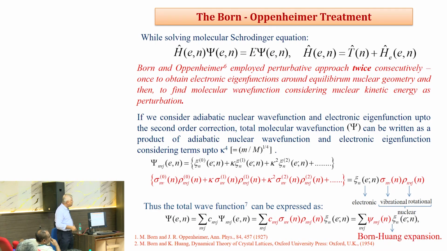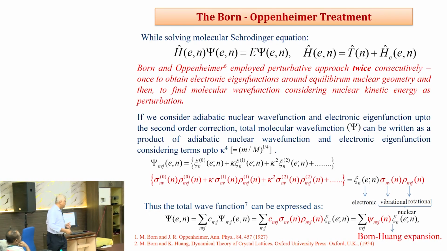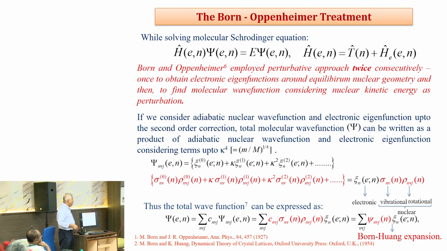So up to fourth order, this expansion and all this thing, you can show that the electronic wave function and the nuclear wave function can be written as a product. Okay, and that is an extraordinarily good exercise one can attempt. Now, what later they expanded is they actually take the electronic eigenfunction, what Soti was telling, that is a semicolon rather than a comma.